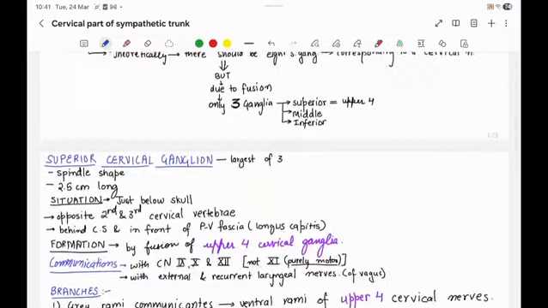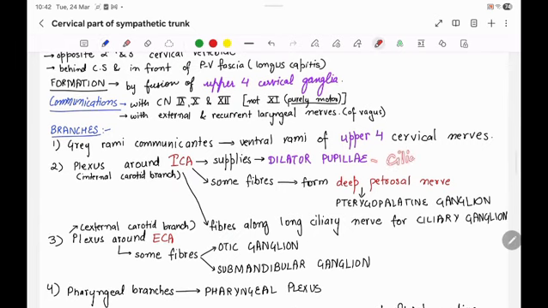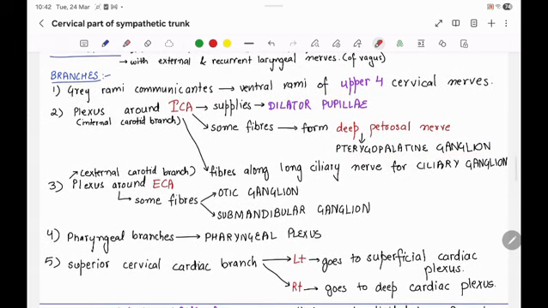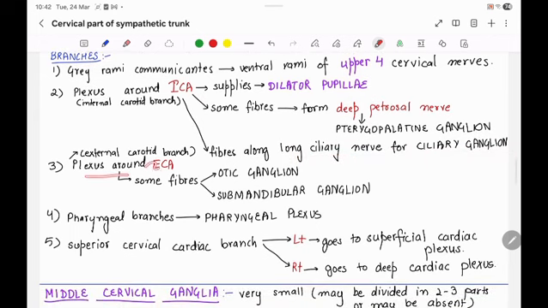This one goes to the ciliary and this one goes to the pterygopalatine. And also there are long ciliary nerves for the ciliary ganglion. And the plexus around the external carotid, there are some fibers going to the aortic and some fibers going to the submandibular ganglion.